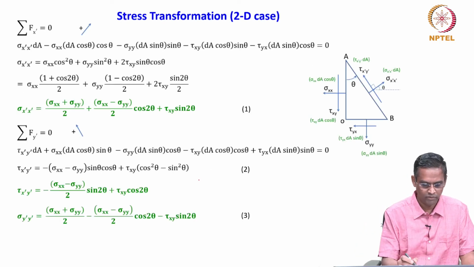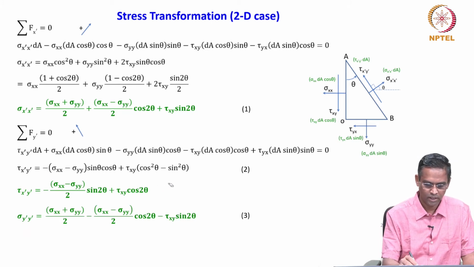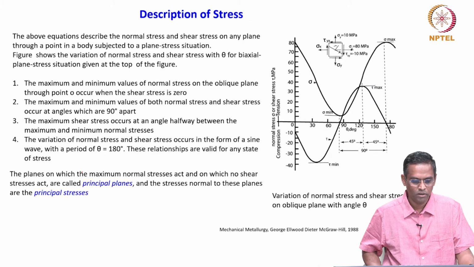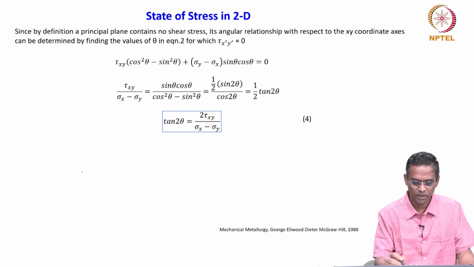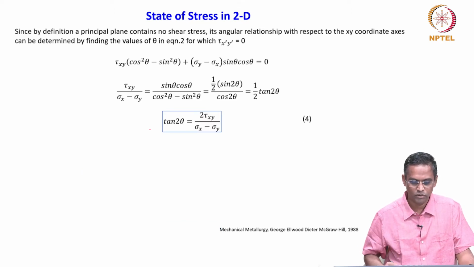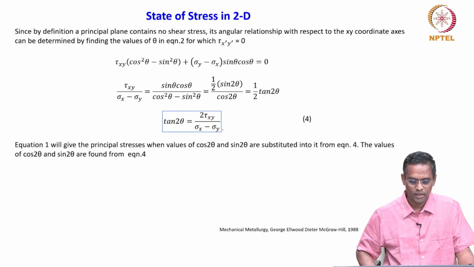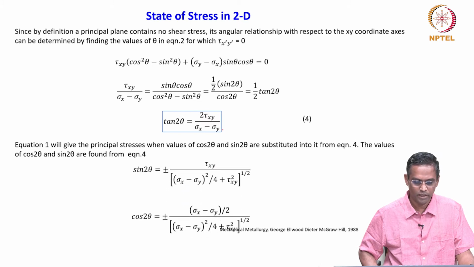So this is the equation we are talking about. We take this relation and manipulate it. If you rearrange these equations, you get tan 2 theta equal to 2 tau xy by sigma x minus sigma y, which gives an idea of where the principal plane could be.